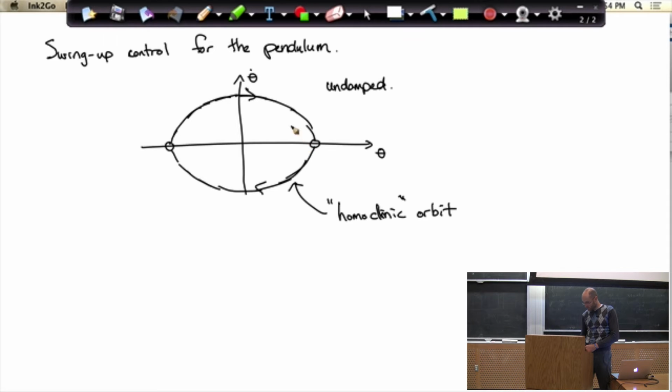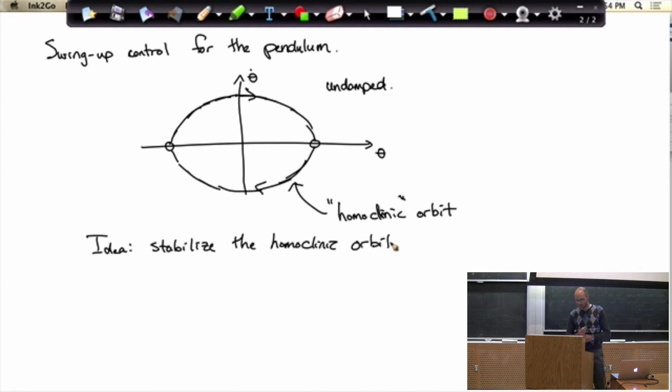So that's the idea. Let's try to stabilize the homoclinic orbit. We're going to come up with a nonlinear controller that stabilizes that orbit and then let it ride the wave right to the goal.